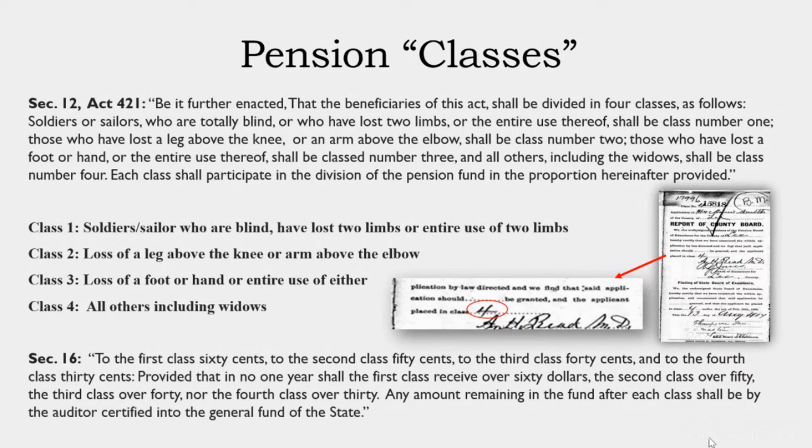Soldiers or sailors who are totally blind or who have lost 2 limbs or the entire use thereof shall be class number 1. Those who have lost a leg above the knee or an arm above the elbow shall be class number 2. Those who have lost a foot or hand or the entire use thereof shall be classed number 3, and all others, including the widows, shall be class number 4.